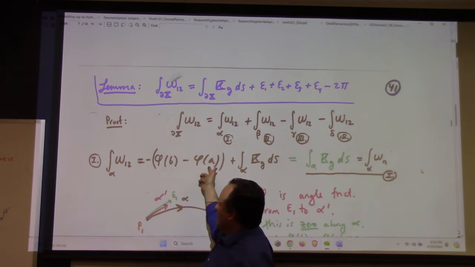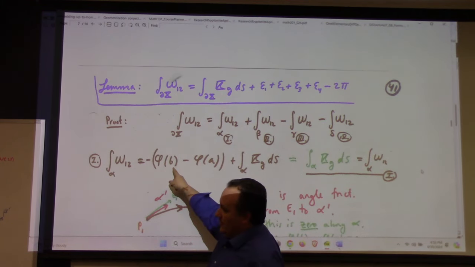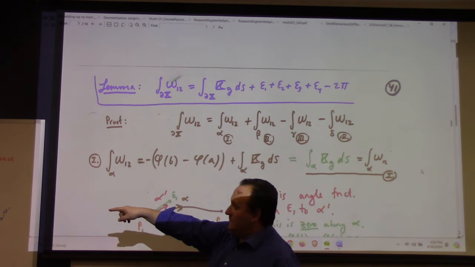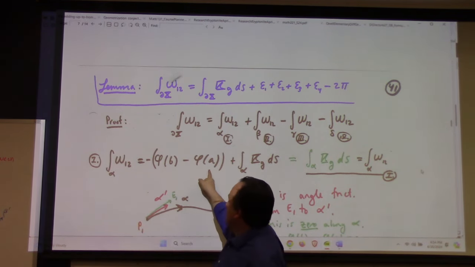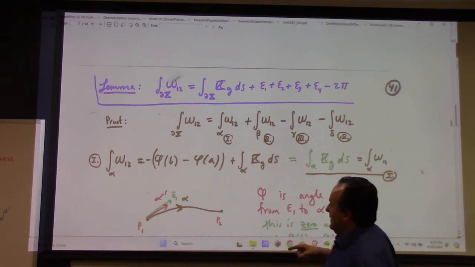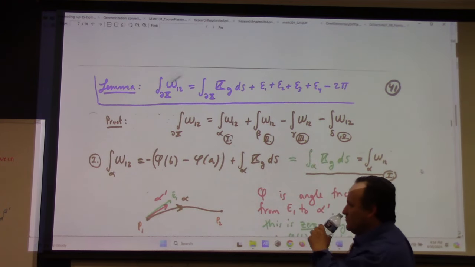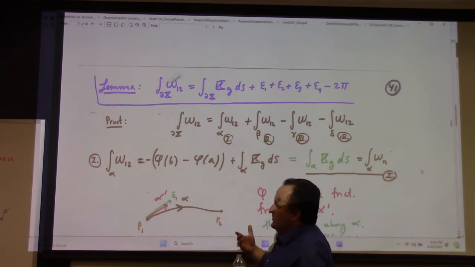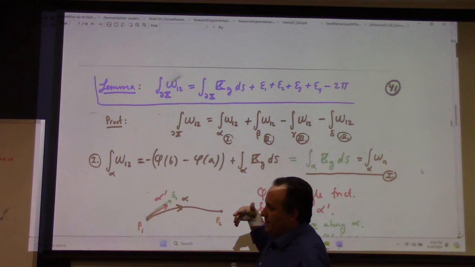Now why is it b and a? Because remember, alpha uses u as its parameter, which means it goes from a to b. So a and b are respectively the starting and ending parameter for alpha. But what's the angle between E1 and alpha prime?